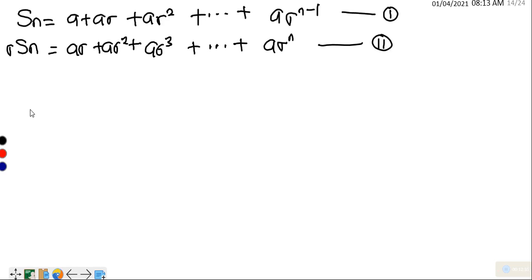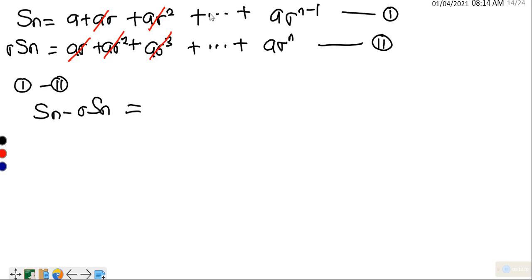So if we subtract equation 2 from equation 1, we have Sn minus rSn equal to a minus ar minus ar squared up to like that. Okay, so if we subtract, this will cancel this, this will cancel this.